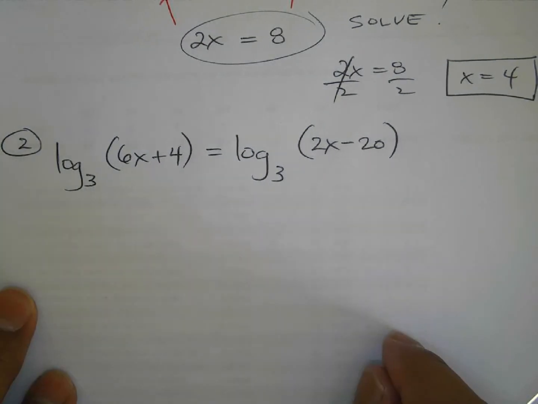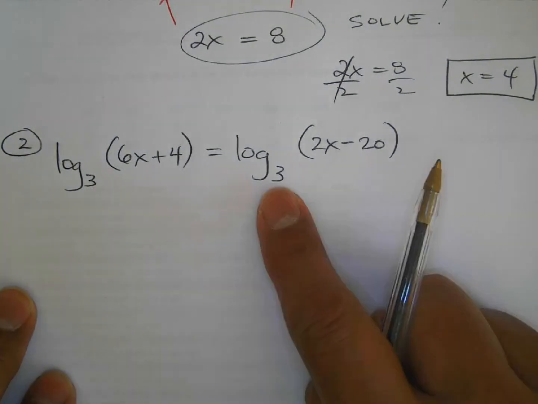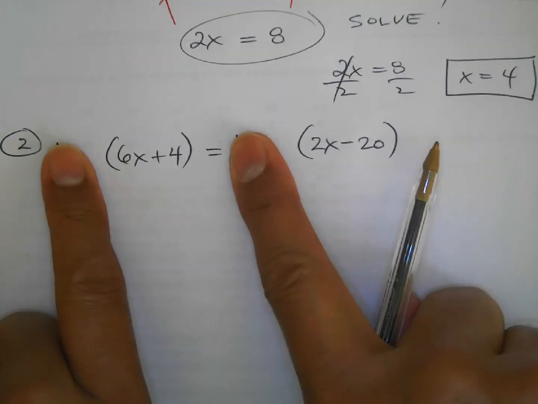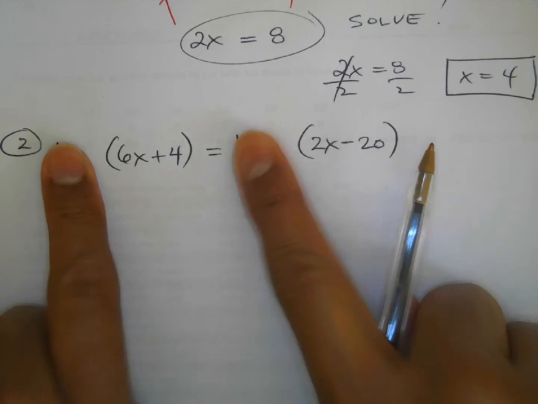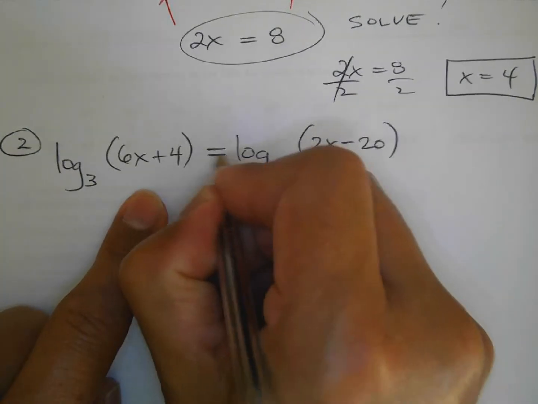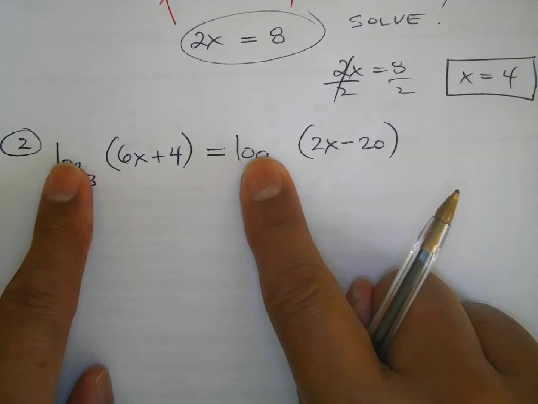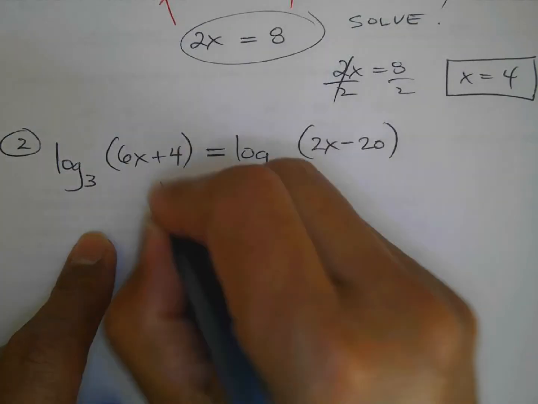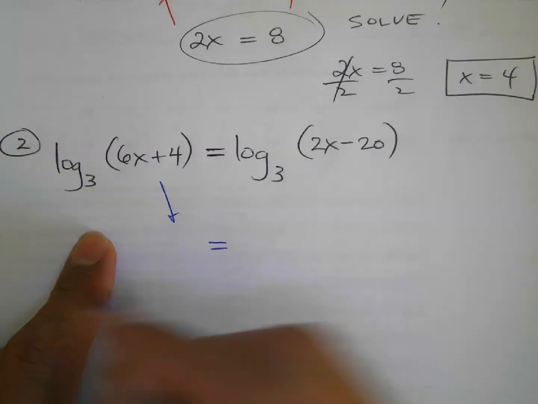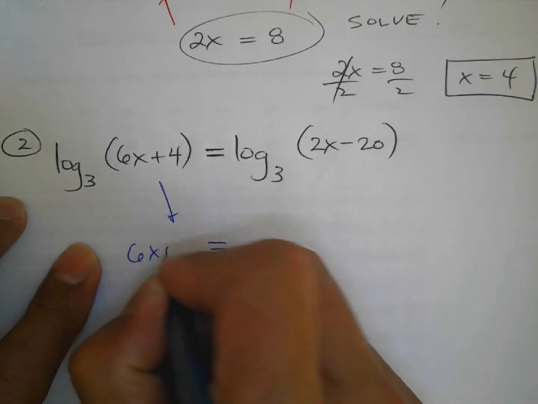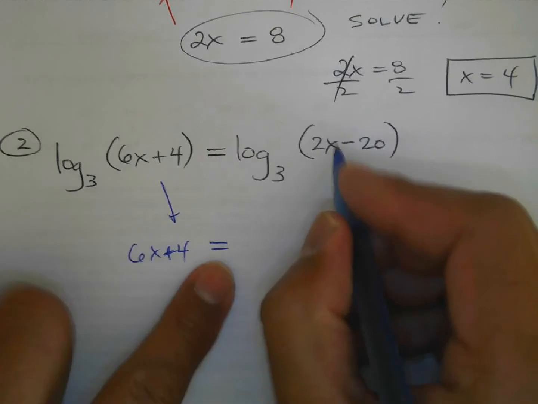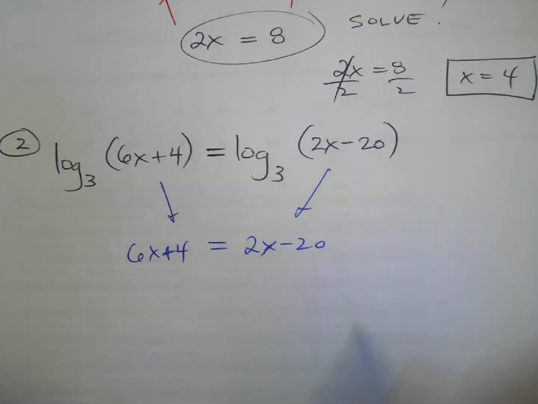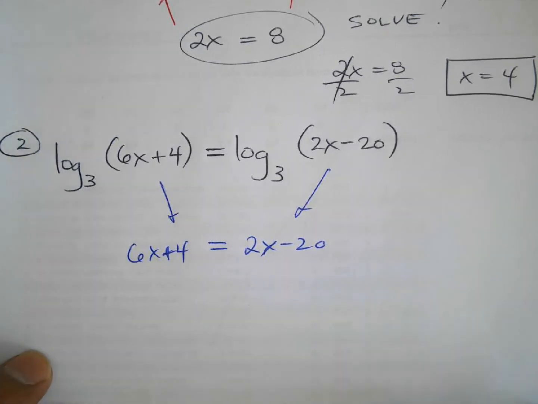Like I said, once this logarithm is equal to this logarithm, all things being equal, because that's what the equal sign is, if this is equal to this, then we can set this part equal to this part. 6x plus 4, this expression, equal to 2x minus 20. And then you just solve.